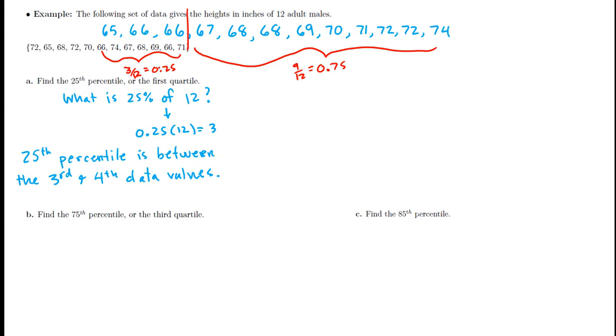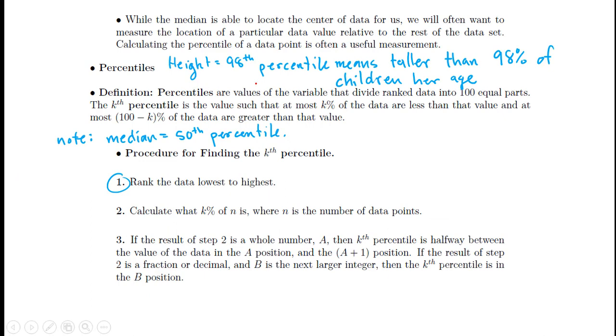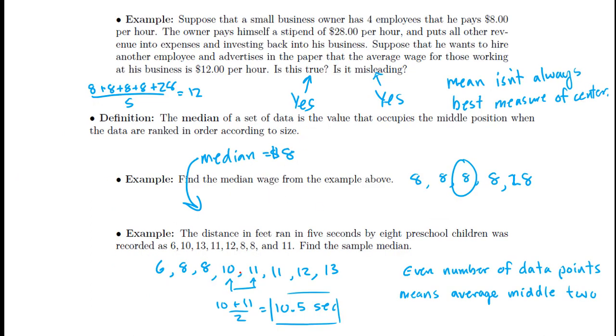So in order to get the 25th percentile like we want, we go between, so that we get to include this 66. And really, it's no different than the reason two pages ago why we averaged the middle 2 when we had an even number for the median.